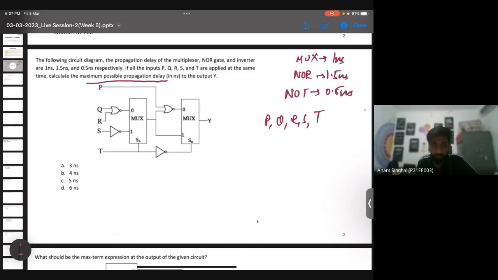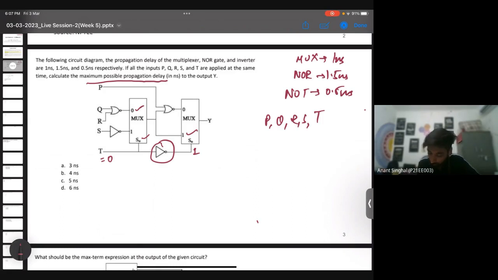So now there can be two conditions for this problem. One is S0 is on and one is S0 is not on, because there is an inverter here, as you can see. So if I supply T as 0, then this node will be 1 and this node will be on.